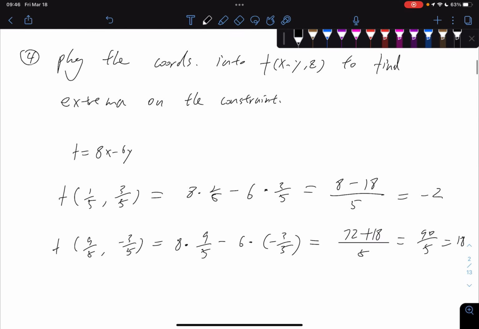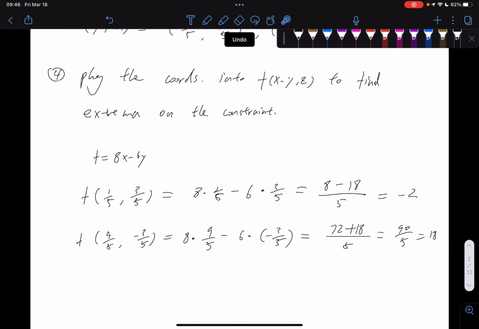To be honest, you don't even need to solve for this exact number again, because the greater your x, the greater your f, and the smaller your y, the bigger your f. The second coordinate has a greater x than the one before it, and a smaller y than the y before it.